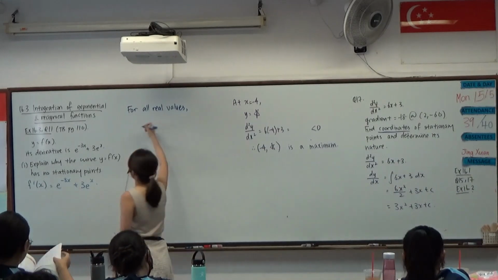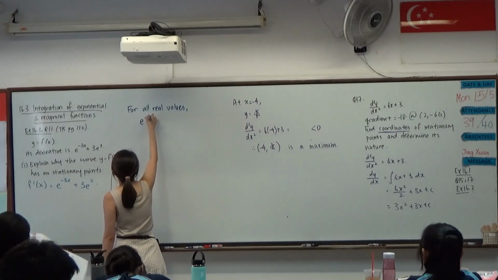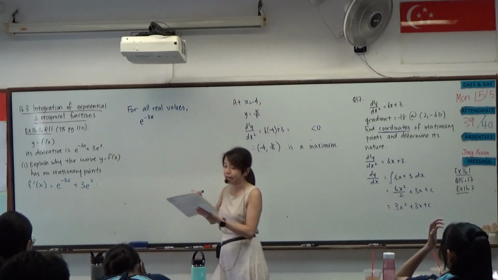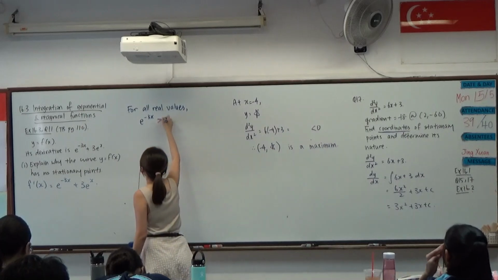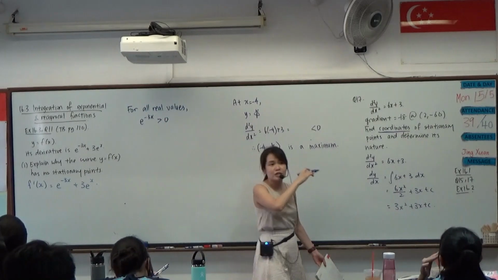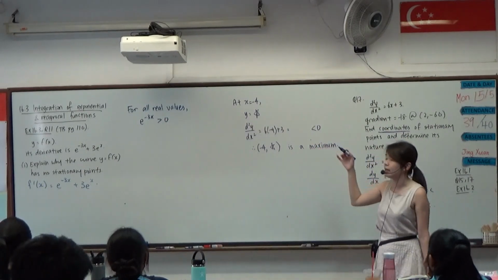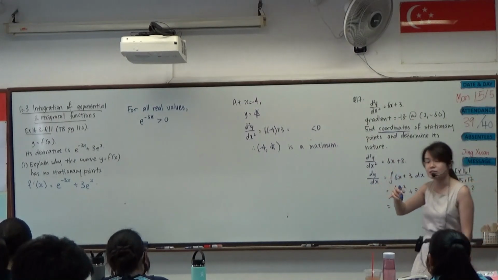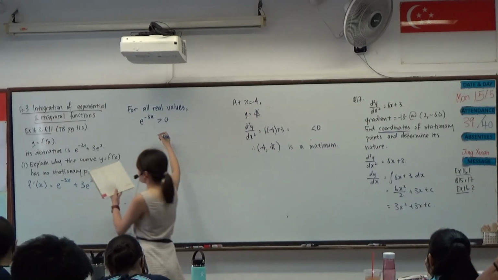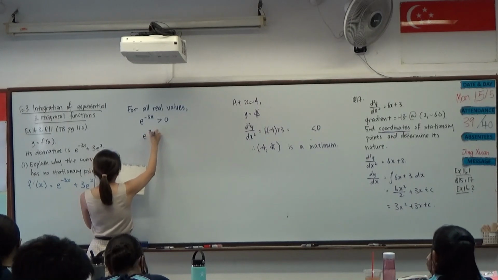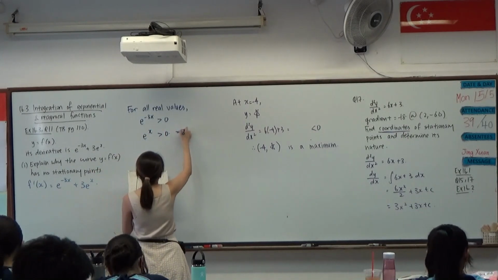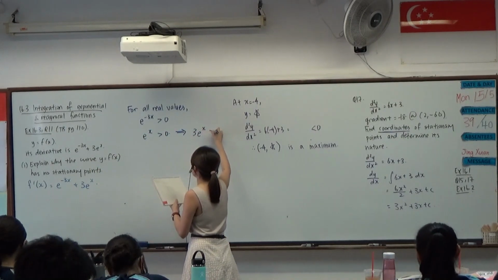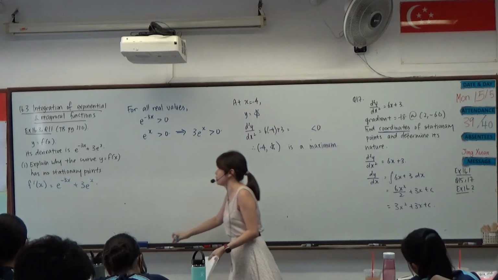Any value of x, we know that e to the power of negative 3x will surely be more than 0. Because this is an exponential function, you need to know that exponential functions are positive. Likewise, your e to the power of x is more than 0, which implies that 3e to the power of x will be more than 0.